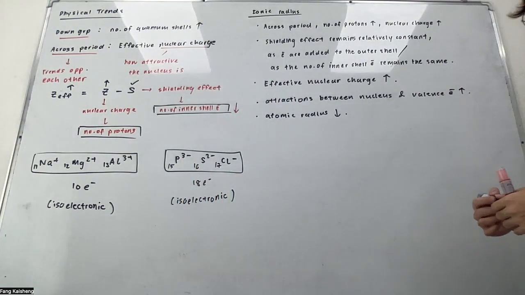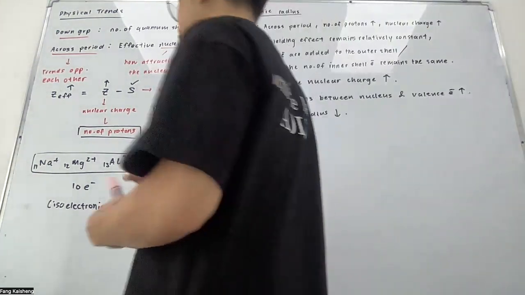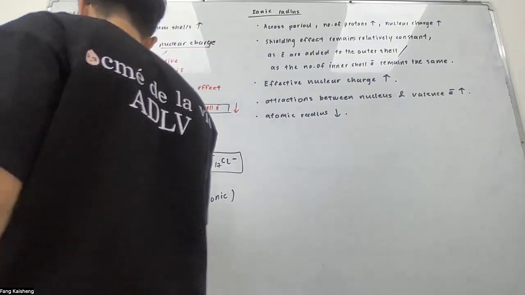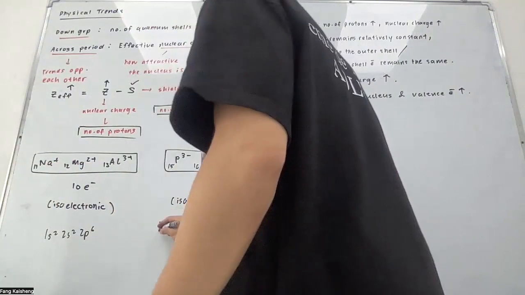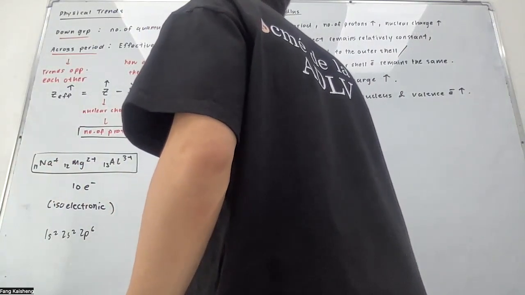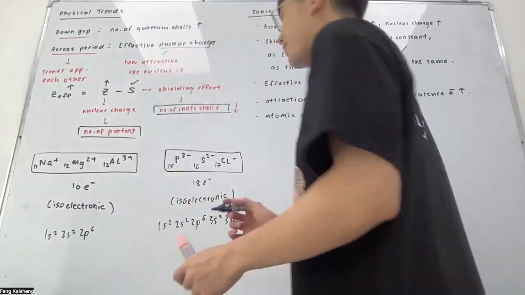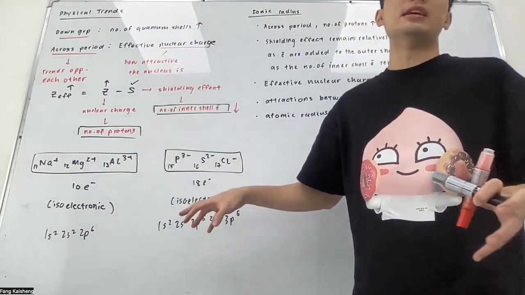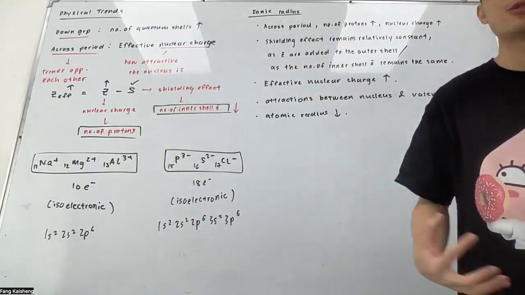Okay, so shouldn't be that big of a deal here. 10 electrons is just 1s2, 2s2, 2p6. Afterwards, 1s2, 2s2, 2p6, 3s2, 3p6. So if you compare the cations and anions, you can clearly see that they have different numbers of electrons.